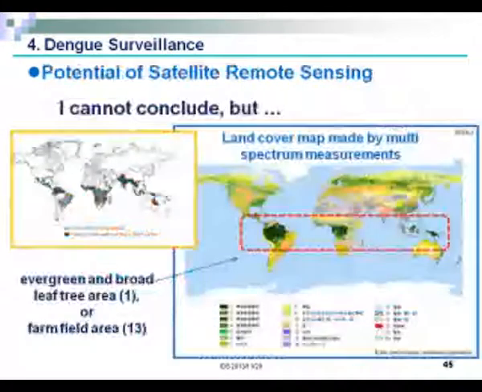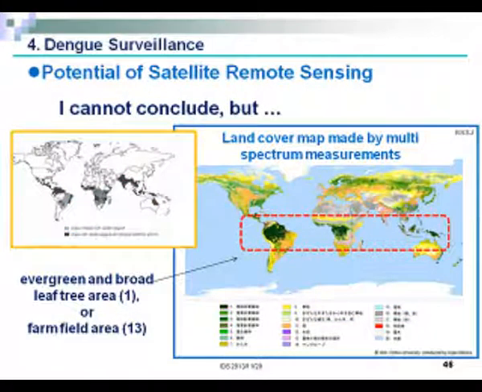Finally, using satellite remote sensing, we can estimate the area where mosquitoes live, which has some characteristics or properties of reflectivity spectrum.